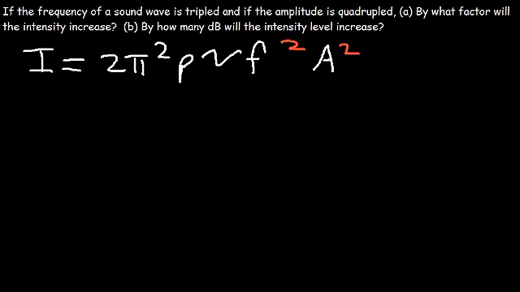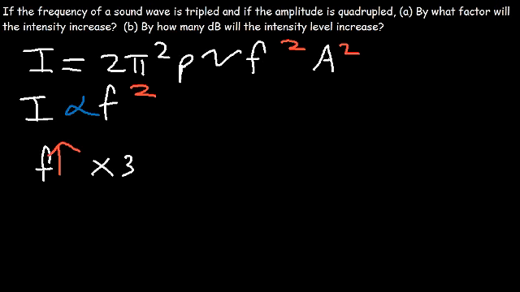So we know that intensity is directly proportional to the square of the frequency. That means that if we triple the frequency, if we increase it by a factor of 3, the intensity will increase by a factor of 9, because 3 squared is 9.